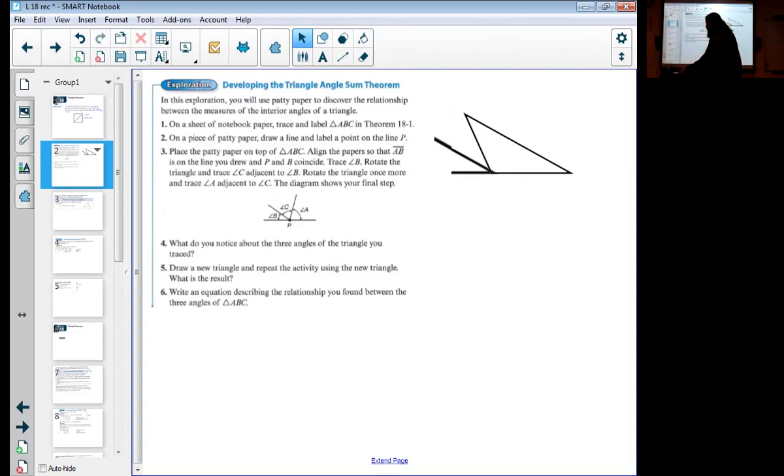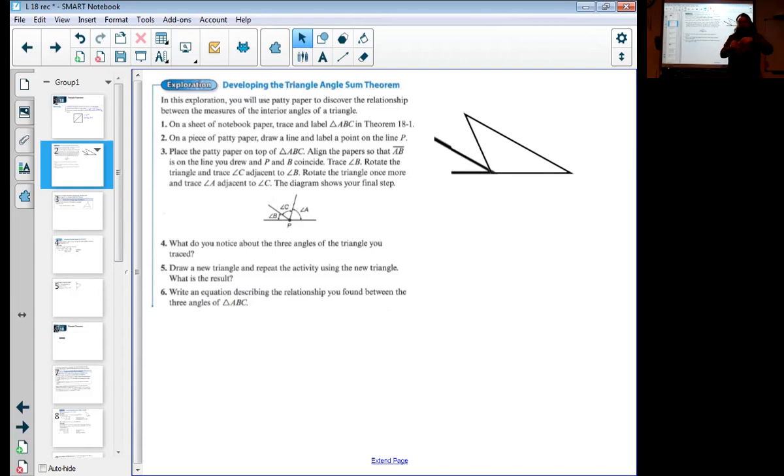Once again, you can make this out of any angle. If you have anything lying around that you can rip easily, like junk mail or something, you can take a triangle. It doesn't matter what the triangle looks like. It could be any triangle, and then you can rip the corners off.